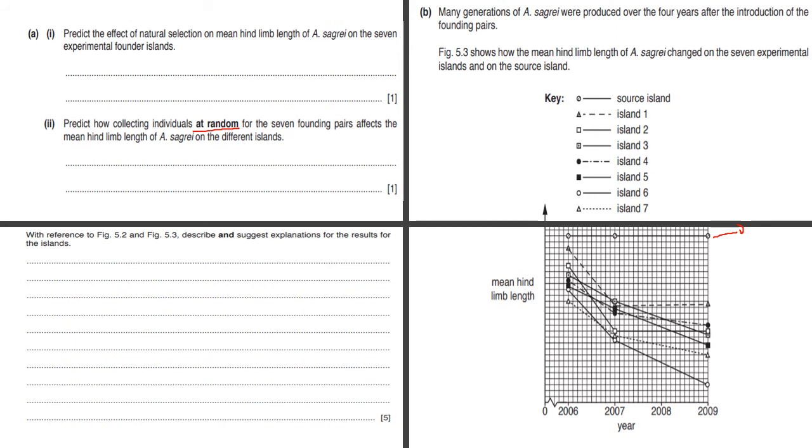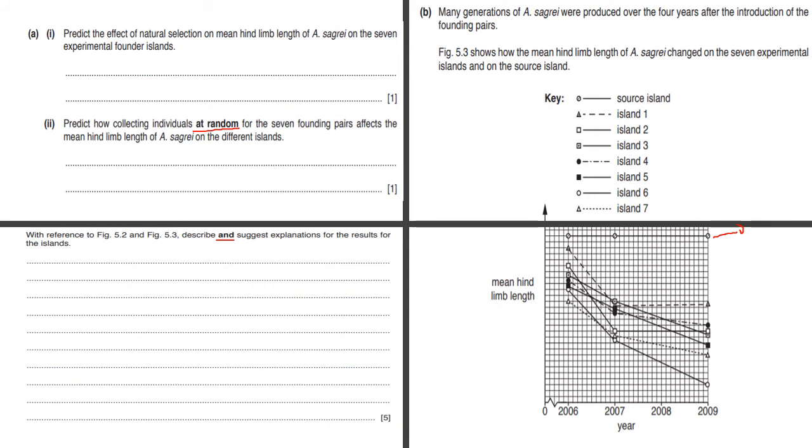It says to describe and to suggest. Always remember, look at that, it's actually underlined. It means that for each point you give, you have to give 5 different points, and each point has to have a description and a suggestion.